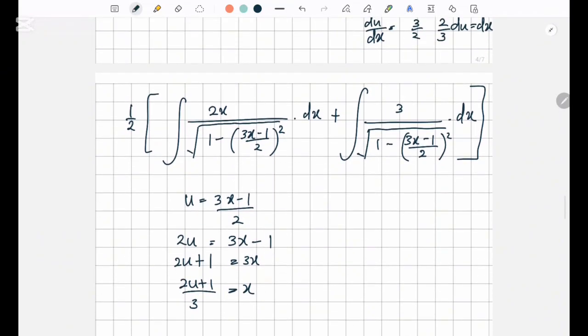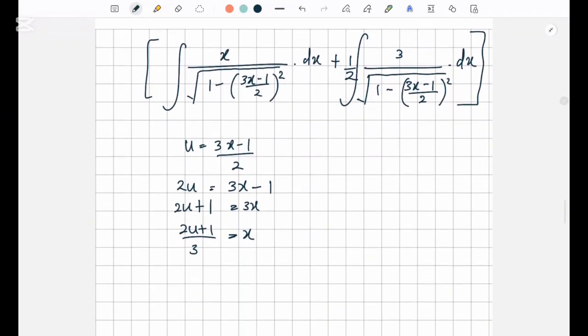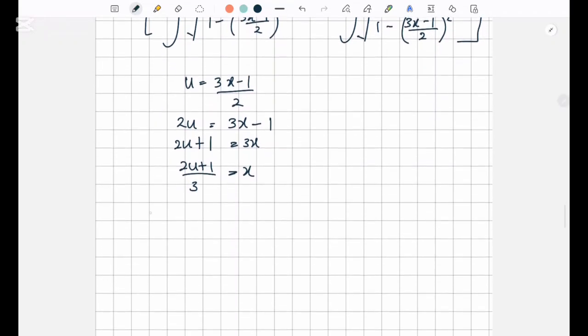Oh, and you can also see, if I expand the bracket with half, this will cancel off, so you'll just end up with x over there, and we can take half inside the brackets and write it down there. So yeah, x equals 2u plus 1 over 3. So now let's go into the integral.